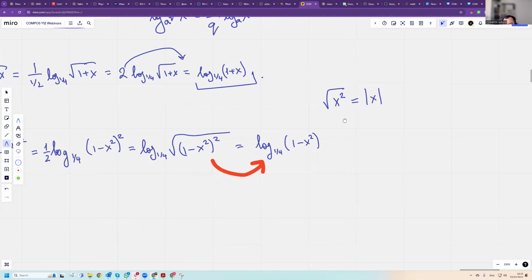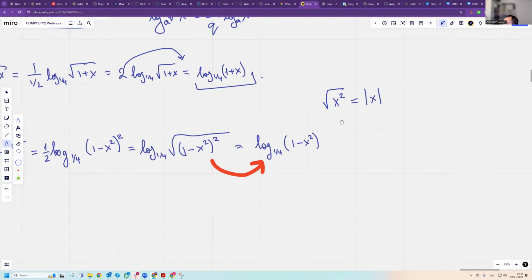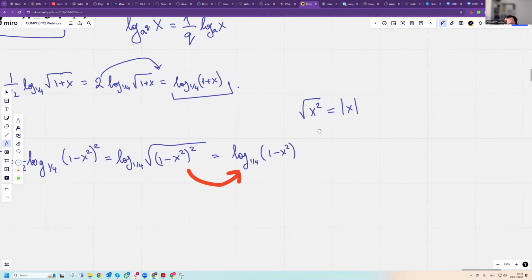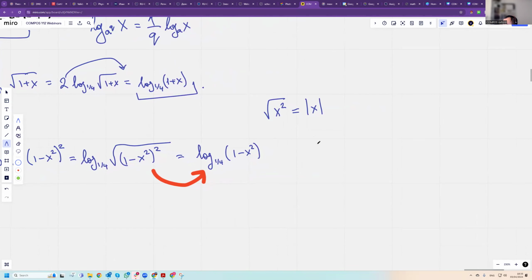Minus? What do you mean by minus? This is a question. Should you not include the minus as well? I'm not sure what you mean.